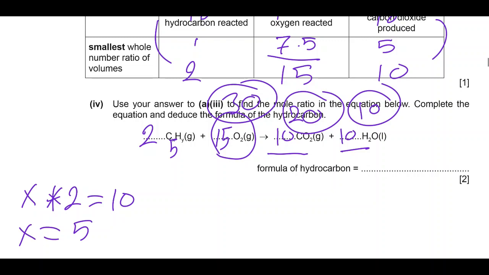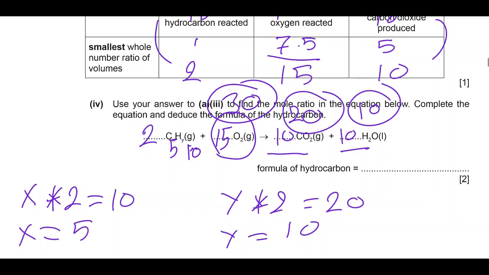Here you have y times 2. How many hydrogen atoms have you produced? You have produced 20. So y equals what? 20 over 2, so y is 10.